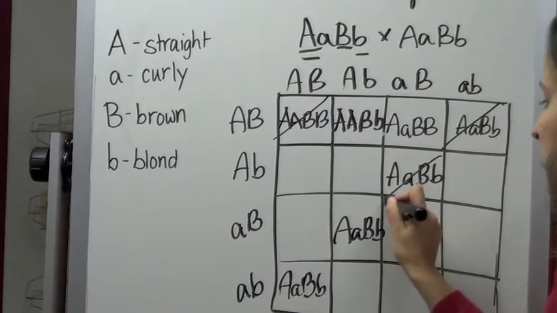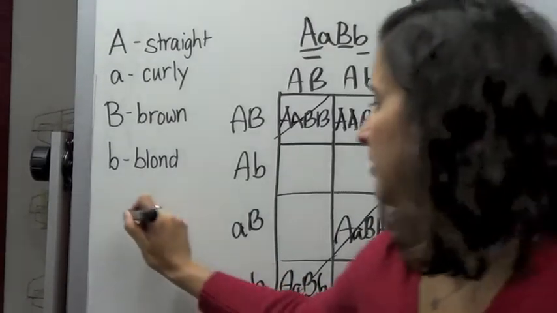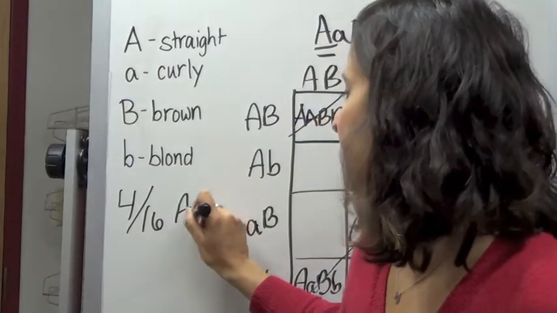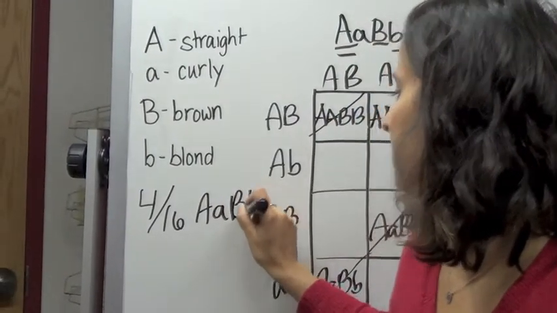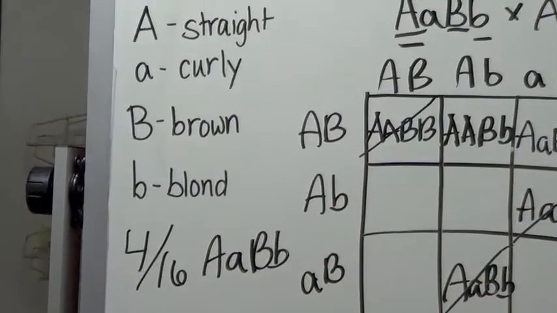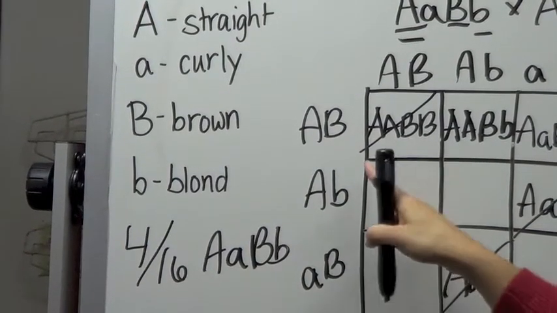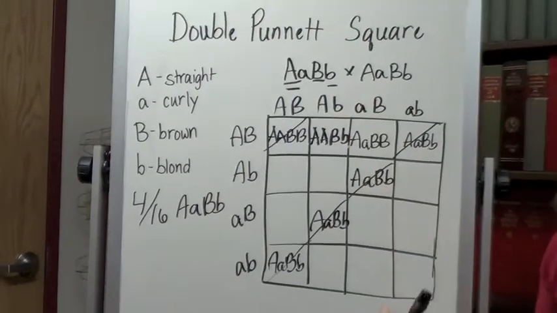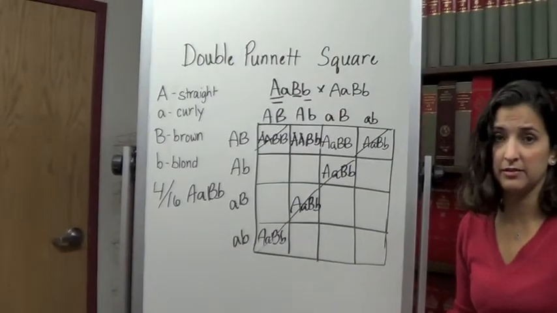So 1, 2, 3, 4. Those 4 out of 16 are going to be big A, little a, big B, little b, which means they're going to have straight brown hair, but be heterozygous for both traits. If you keep following this process, you'll have no problem understanding how to do a double Punnett square. Good luck.